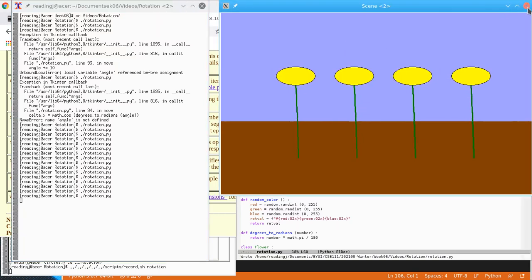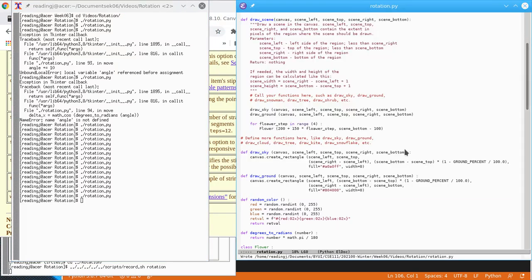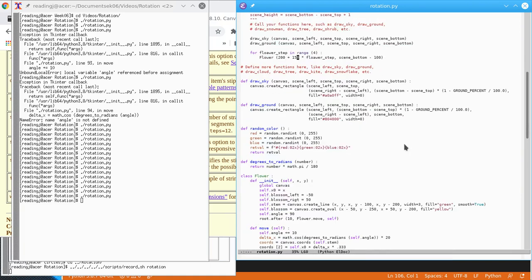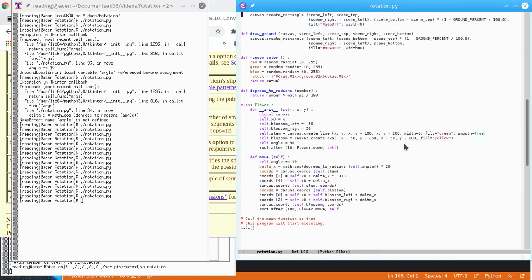Let's see. If you wanted to make them bend further one way than they do the other, which would really happen with wind, let's see, how would we do that?